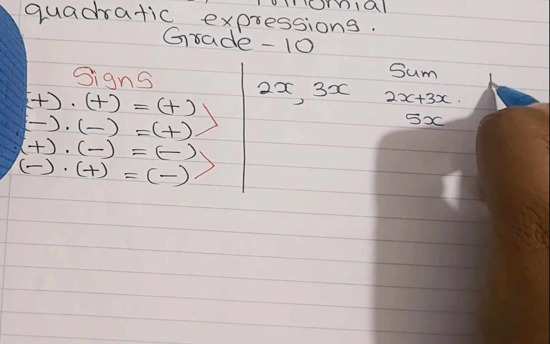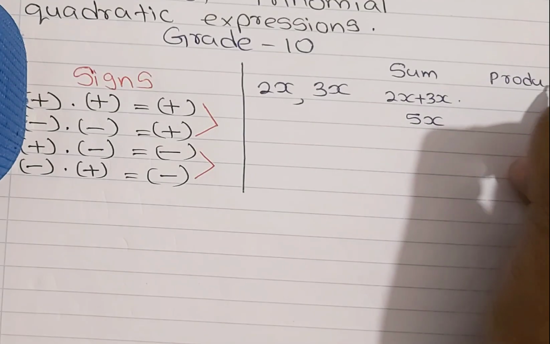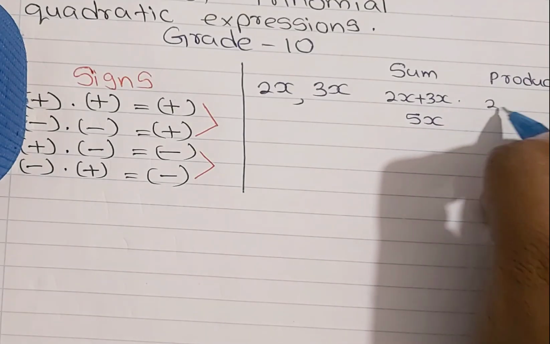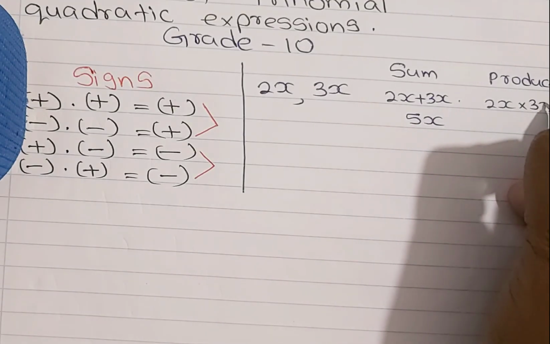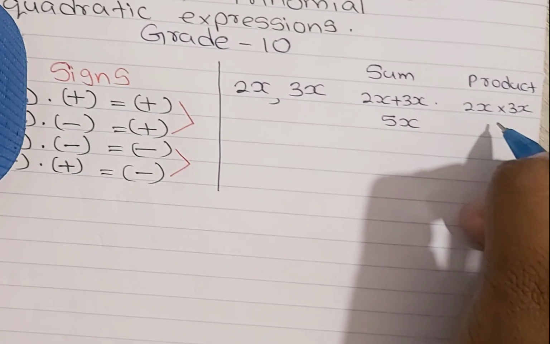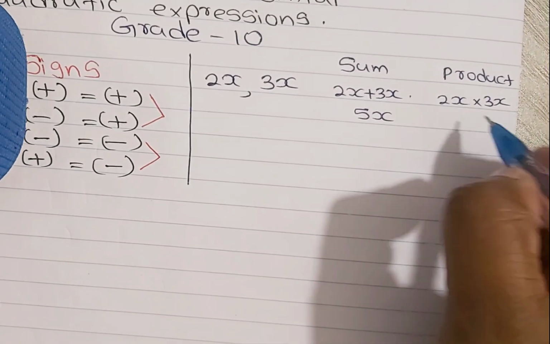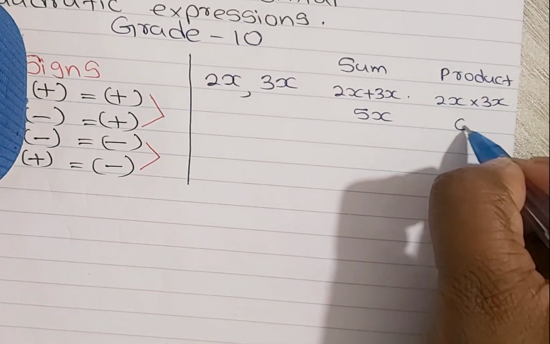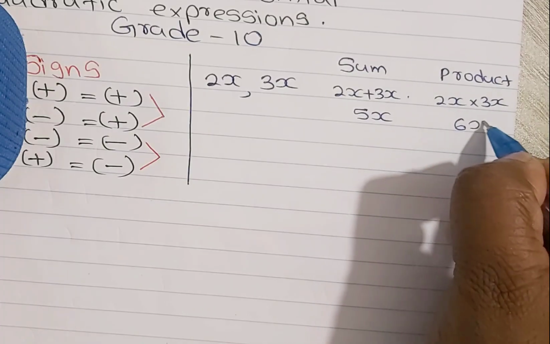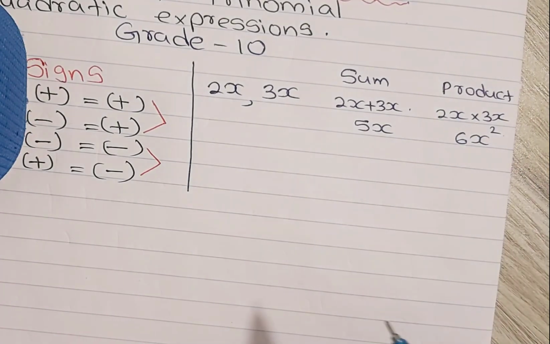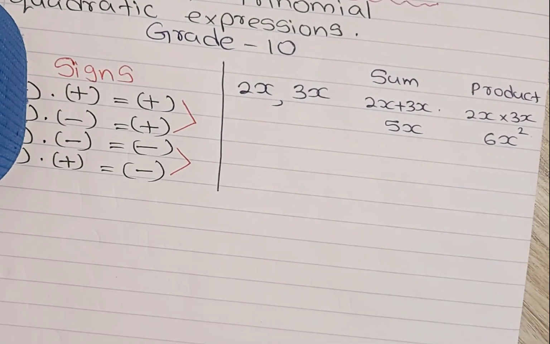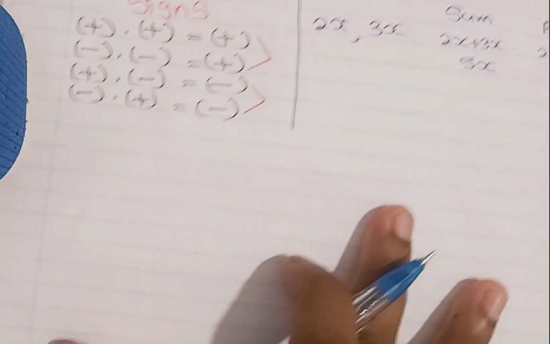And the product is 2x into 3x, that is 2 times 3 is 6, and x into x means x to the power 2. So it is coming like that.